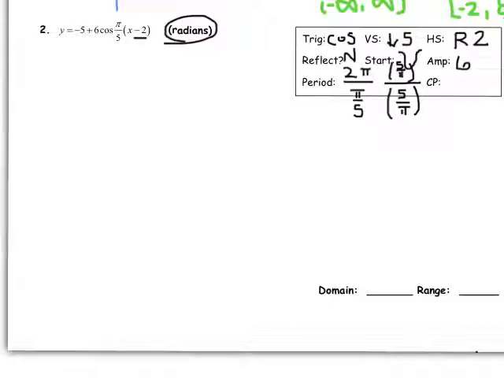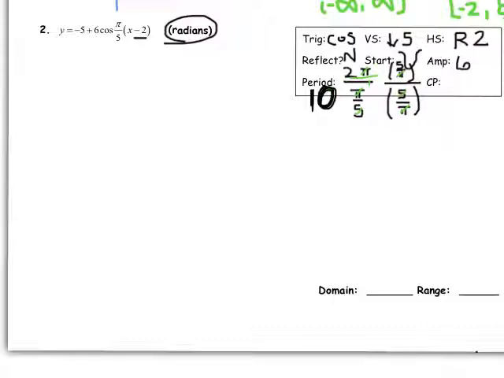The reason I do this is pi for pi cancels, 5 for 5 cancels. Now this is actually a good example because here, this is 2 pi over 1. So on top, you have a pi, and you also have a pi on bottom. So the pi's cancel, and then all you have left is 2 and 5 on top, leaving you with 10. So our period is 10.